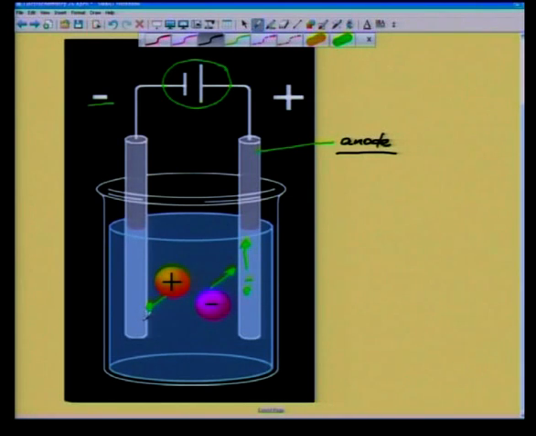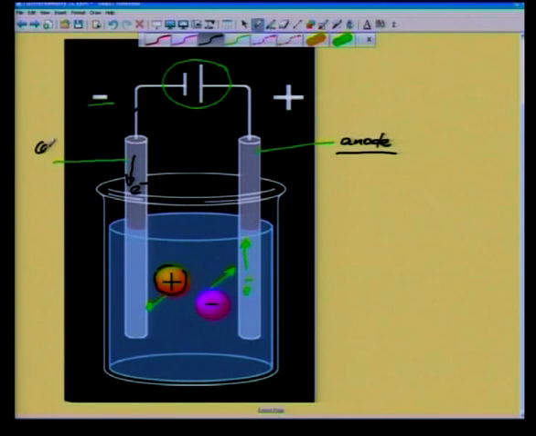This one, on the other hand, is where reduction happens. Here, reduction is going to happen. The electrons are going to come in here, and then be received here by those ions there. So reduction happens on this side, and because reduction happens on this side, we will call this electrode the cathode.